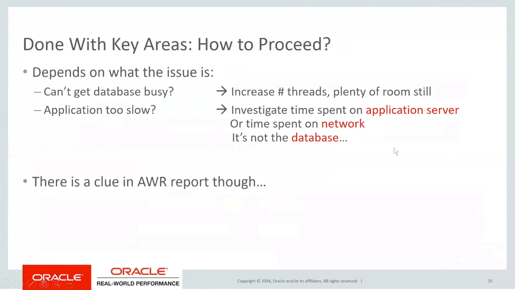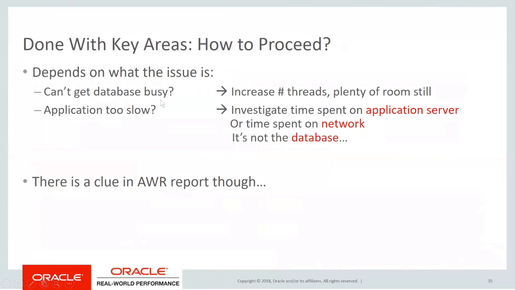So we're now done with the key areas. How to proceed? Well, this now depends on what the issue was. We were not given an issue. We're only given the question: is SQL*Net message to client my issue? Well, we've come to the conclusion that it isn't for this AWR. So what's the issue? Is the issue that you can't get the database busy?